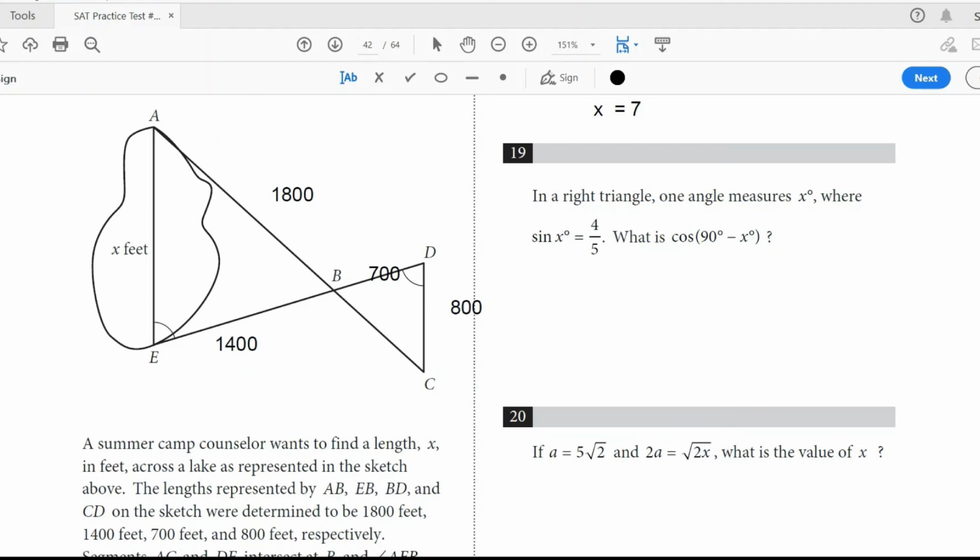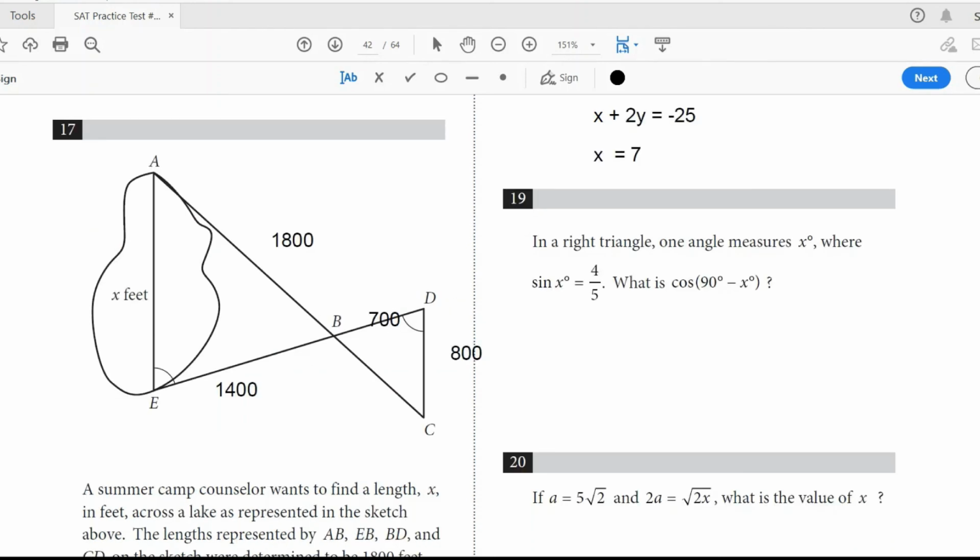So, next question. In a right triangle, one angle measures x while the other, where sine of x equals 4 over 5. Right? So what is the cosine of 90 minus x? Well, for this one, I like to draw a diagram.